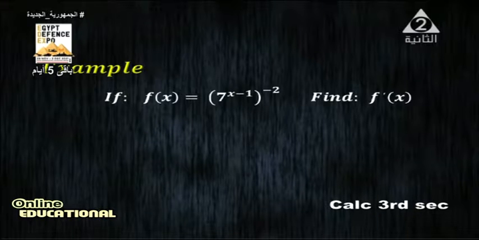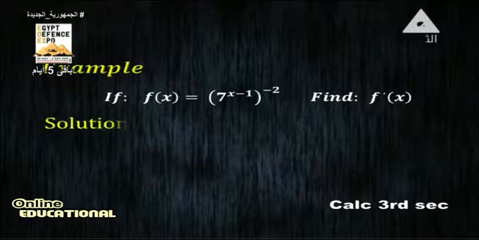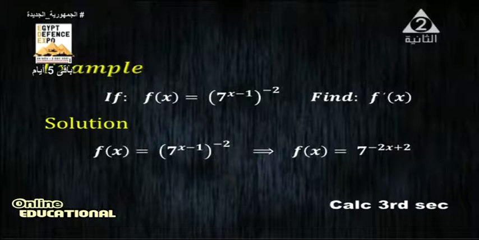Another example. If f(x) equals (7 to the power x minus 1) all to the power negative 2, find f'(x). The function f(x) equals 7 power (x minus 1) all power negative 2, which means the power (x minus 1) multiplied by negative 2.